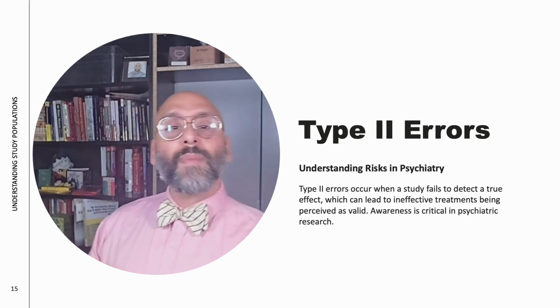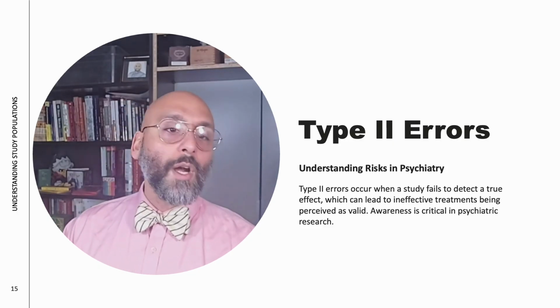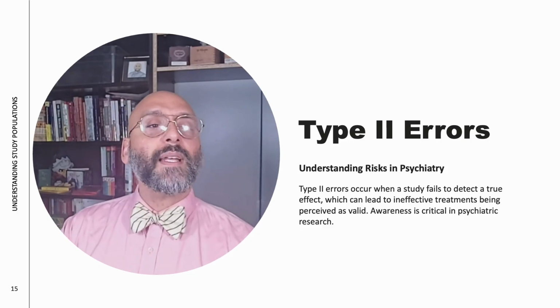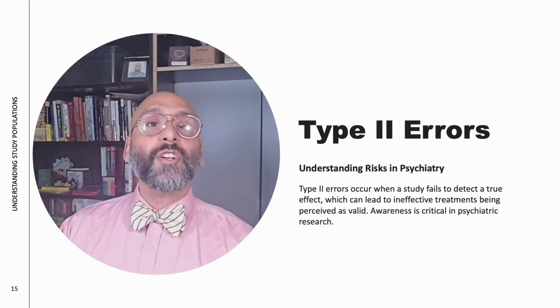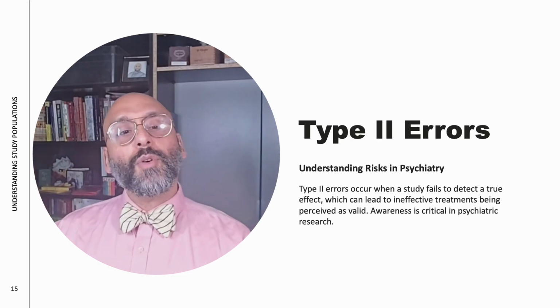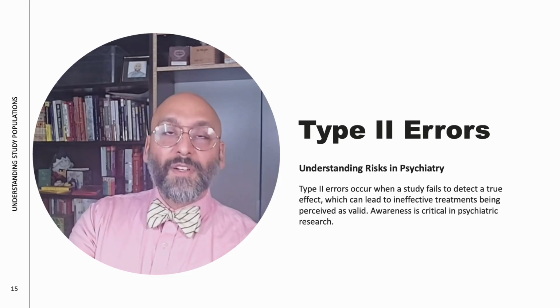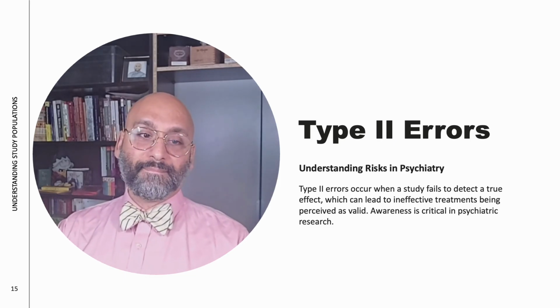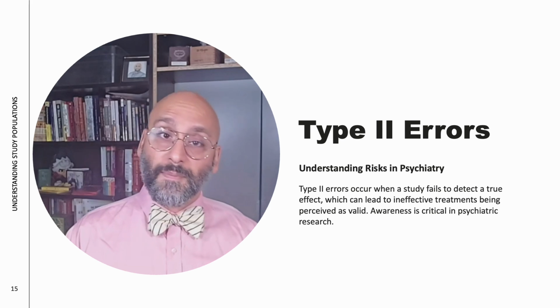Type 2 errors remind us that a negative study does not automatically mean a treatment does not work. It may simply mean the study was not designed to detect the effect. And as clinicians, this is going to require some humility on your part, because the danger here is you assume that absence of evidence is proof of absence. It's not the same thing. Absence of evidence is not the same as evidence of absence.